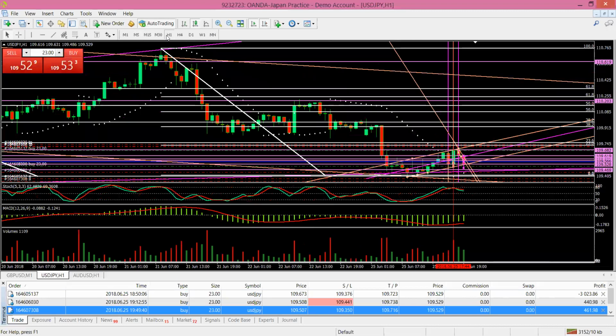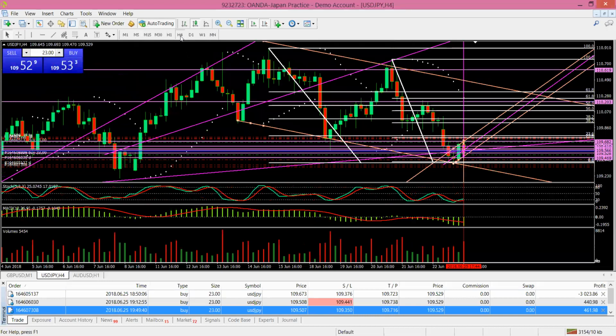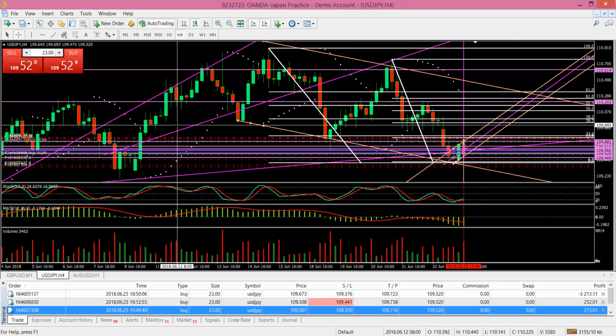Oh, dollar yen looking good now. Looking good, dollar yen. Only take profit here.